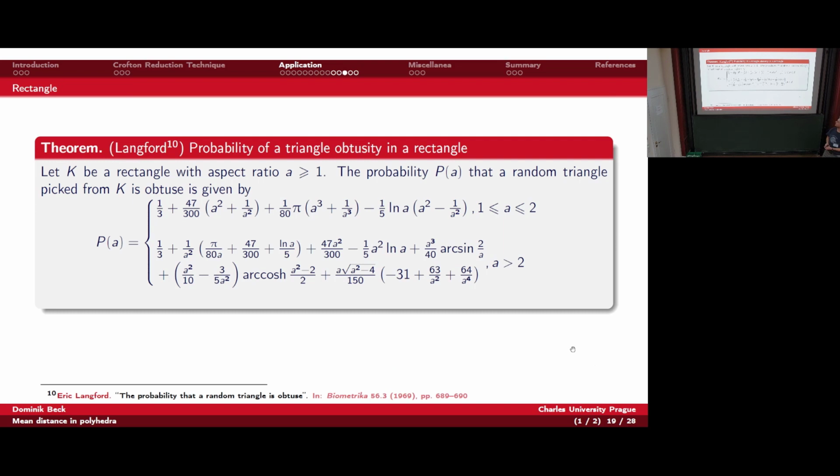So for a rectangle, this obtusity probability is actually known, where A is the scalar ratio. So when A is equal to 1, you get, of course, the probability of a triangle being obtuse in a square, which you saw in that table.